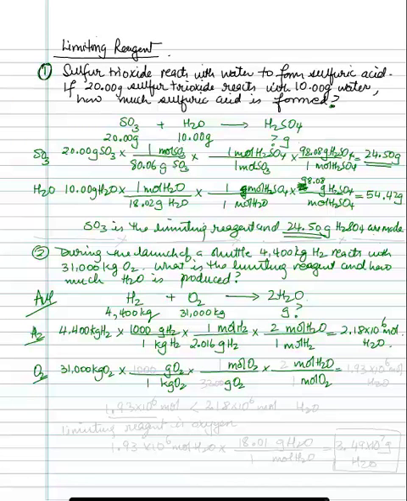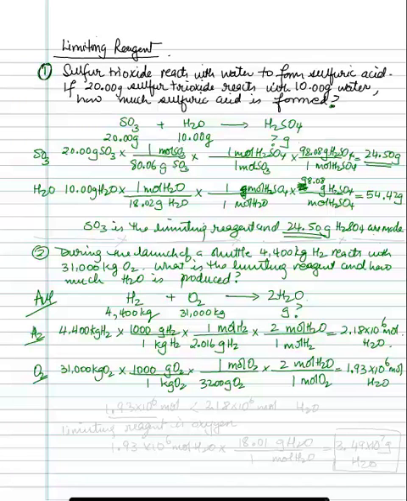So in 1 kilogram, yet again I have 1,000 grams, nothing has changed there. And in 1 mole of oxygen, I have 32.00 grams of oxygen coming from the periodic table. Again from the balanced equation, now I have 1 mole of oxygen giving me 2 moles of water. Now if I do this calculation, my answer should come out to be 1.93 times 10 to the power of 6 moles of water.